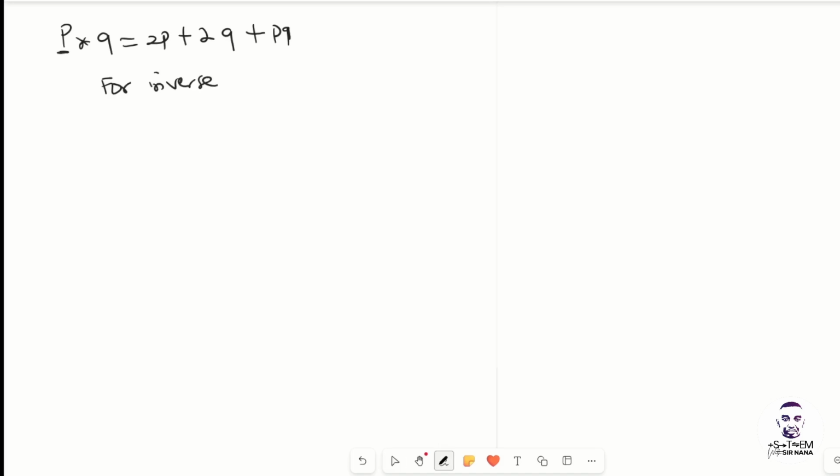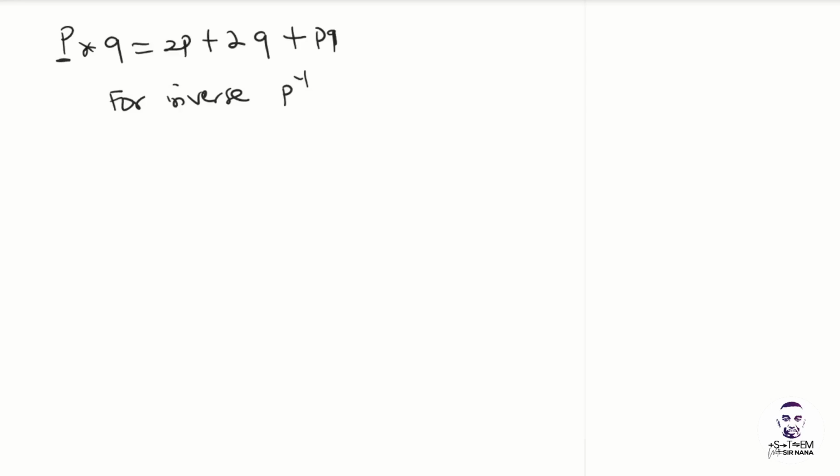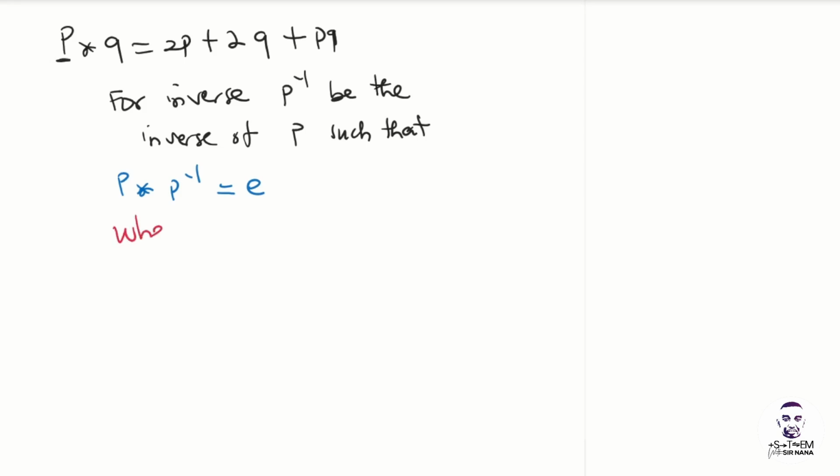Now remember that for the inverse, we are looking at the inverse of P. So let P inverse be the inverse of P, such that P operation P inverse is equal to E, where E is our identity element.